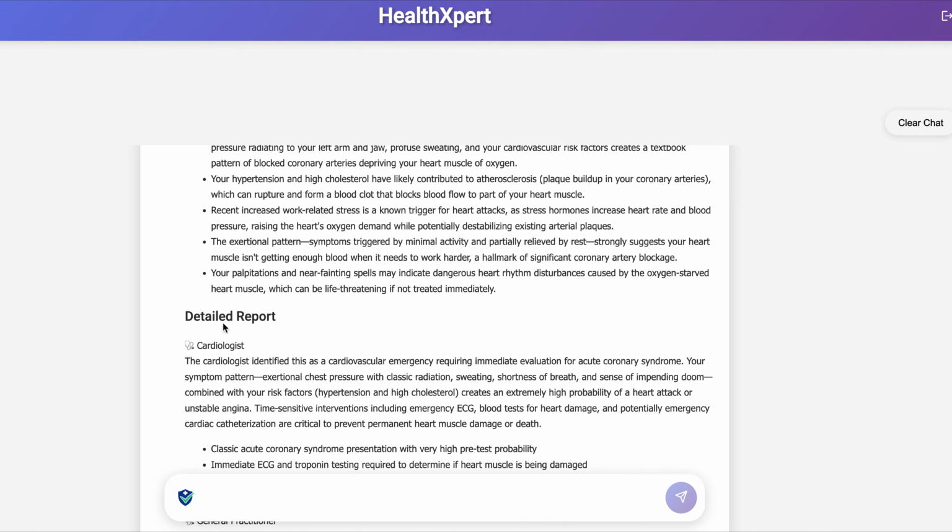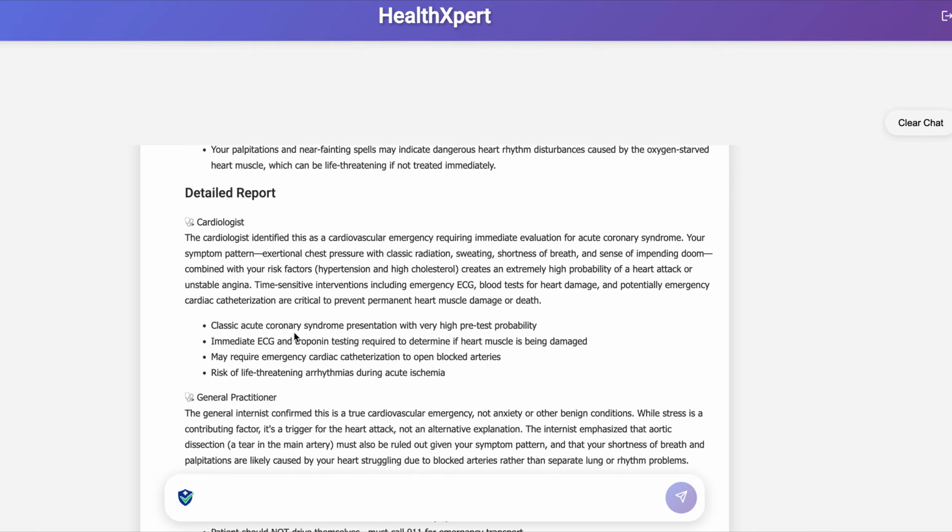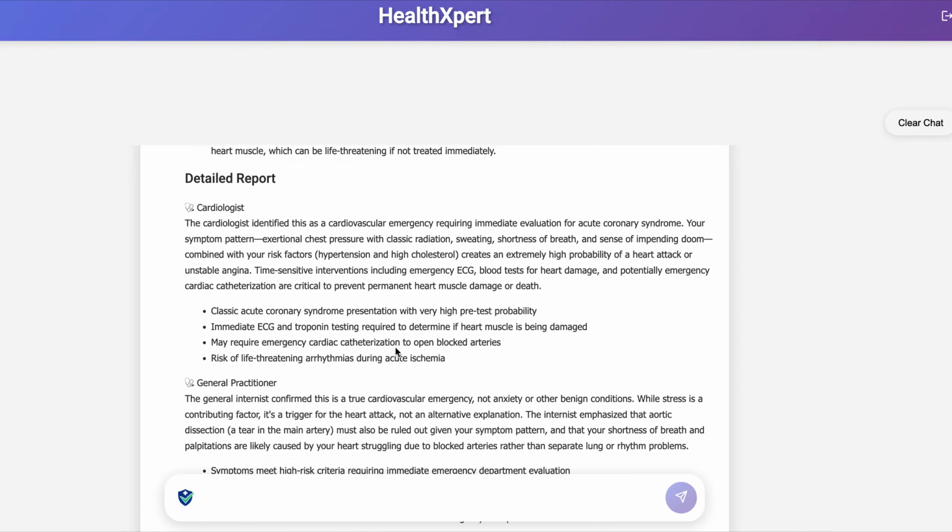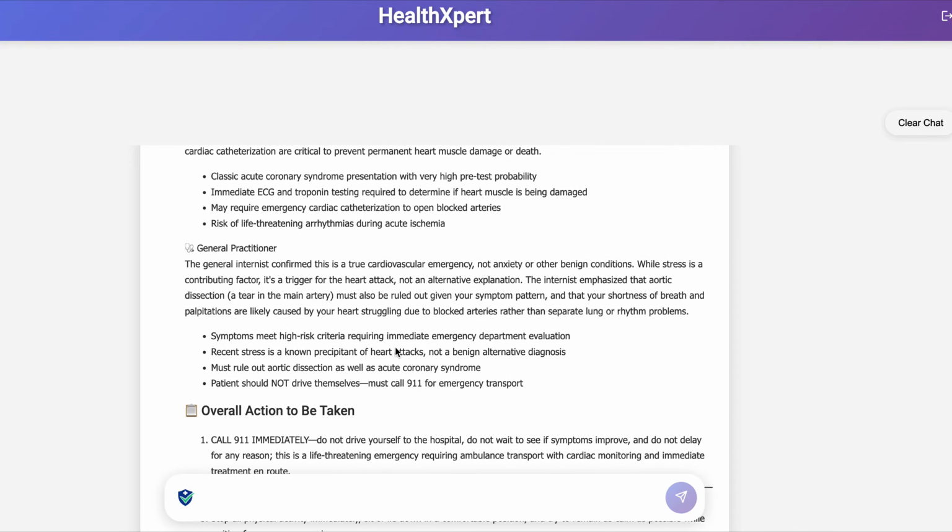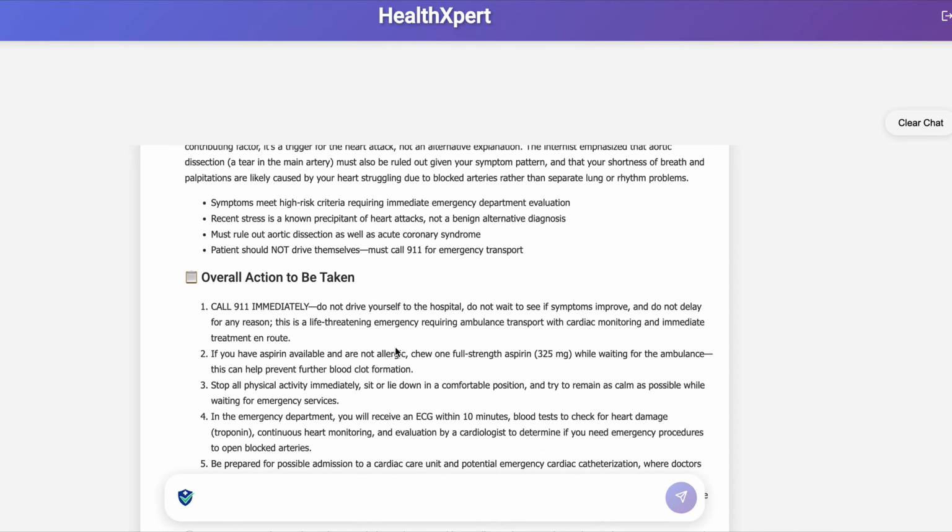You can see the specialist cardiologist and general practitioner, the overall action to be taken, various sources from where it pulls the data, and a disclaimer. Based on this assessment, the doctors can determine the appropriate next steps and treatment plan for this particular patient.